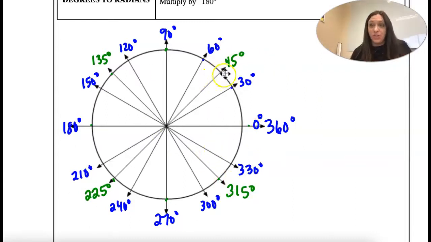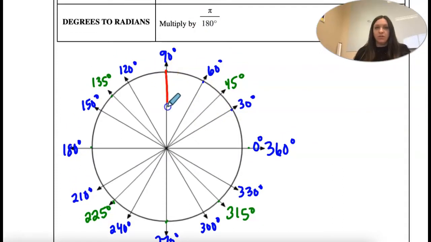All right, degrees around a circle. Good. We're going to change all those degrees to radians, but I'm only going to do that in the first quadrant. That's this part. The rest we'll be able to figure out by ourselves.